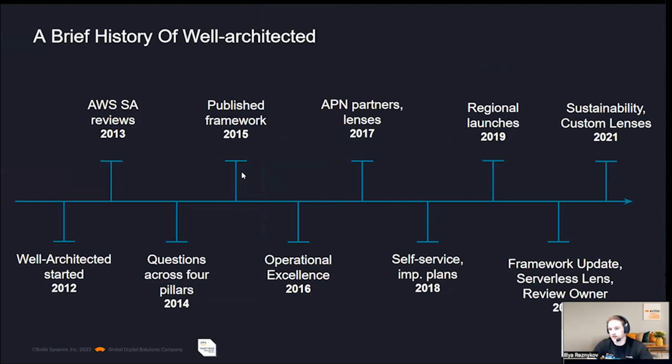New pillars were added, and in 2018, it became publicly available through the AWS Well-Architected Tool, which is a free service in the AWS console. But the product did not stop at that moment. It continues to grow. New pillars were added recently, and currently more lenses are added and questions are updated, so the product is under quite active development.